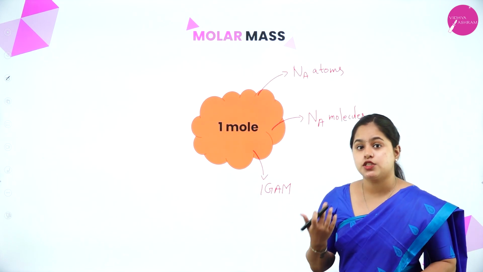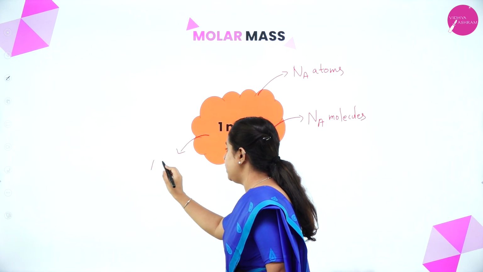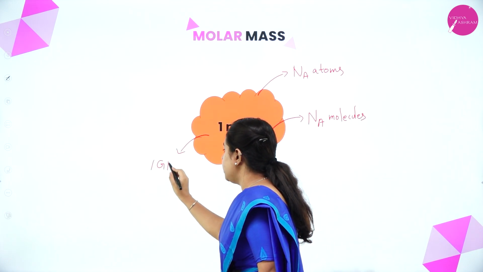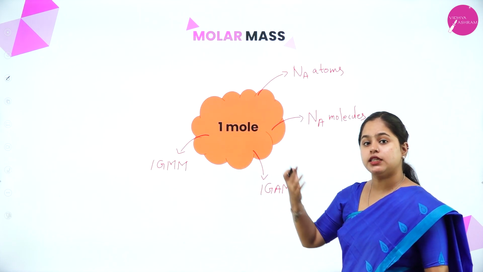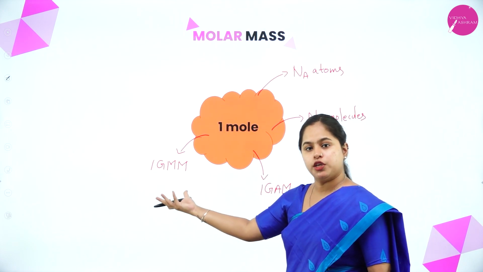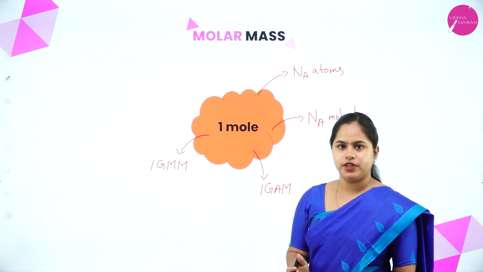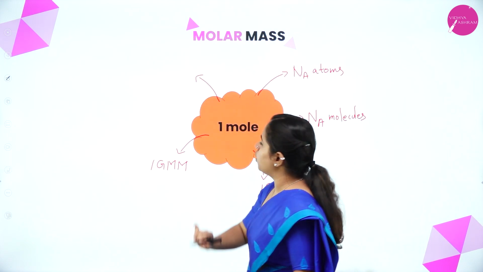Now, if it is in the case of molecules, how can I represent? Your 1 mole will be equal to 1 gram molecular mass. So if it is in terms of atoms, it is 1 gram atomic mass. If it is in terms of molecules, it is 1 gram molecular mass. Clear?